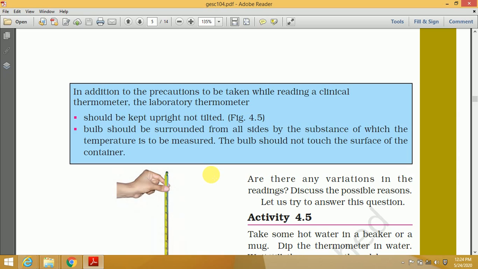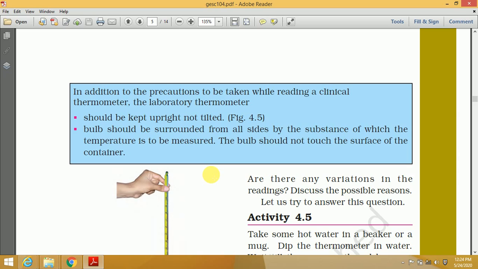And second thing, both of the thermometers are made up of glass, and inside them there is mercury, and the mercury will expand whenever the bulb of both of the thermometers touches the hotter object. So these are some of the similarities.